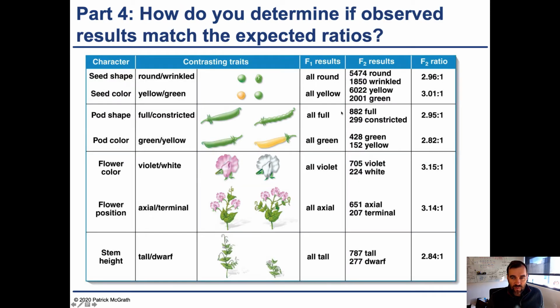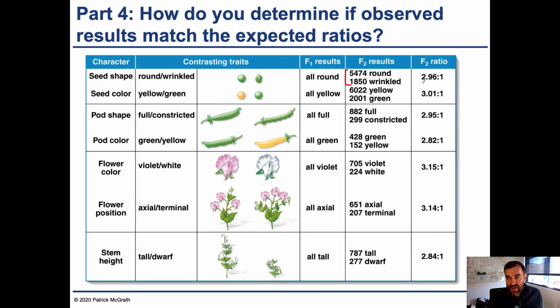I'm just re-showing this table of data from Mendel, but you'll notice that when he studied the inheritance of these 7 different characters, he looked at a large number of plants, on the order of 8,000 for some of these traits. But because of stochasticness in the inheritance, these do not result in perfect 3-to-1 ratios.